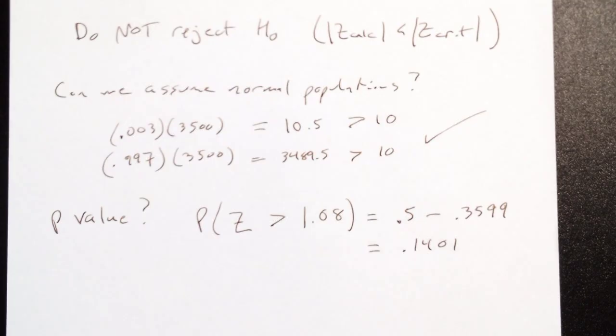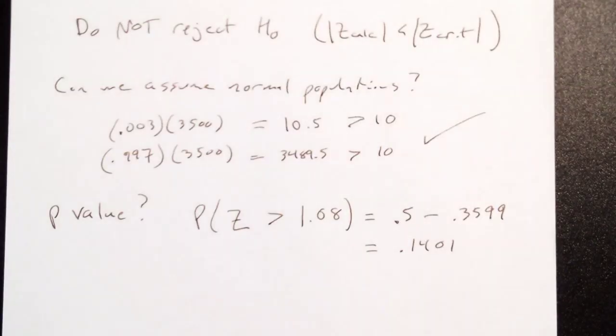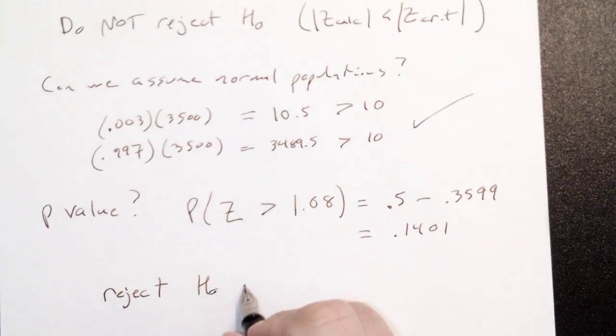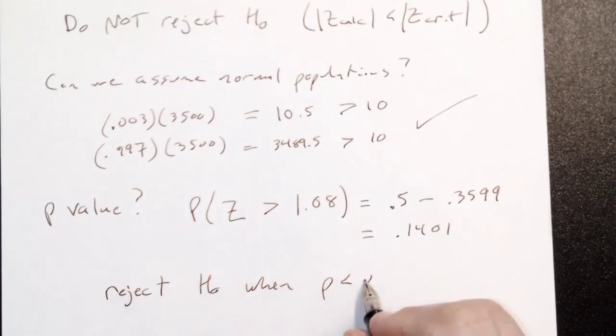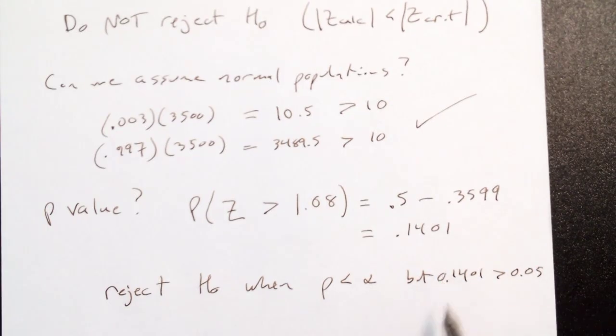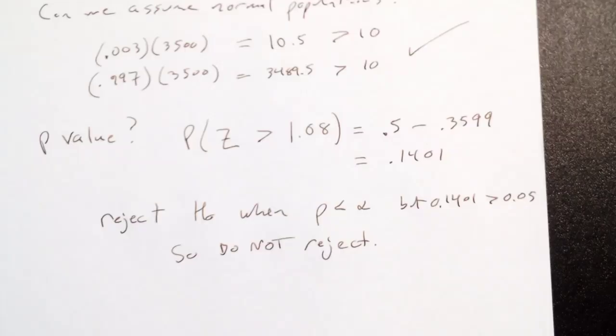So I got to go back and look at alpha. And according to my notes and to the statement of this problem, our alpha was 0.05. This number is bigger than 0.05. I don't reject. Exactly correct. I'm very happy to see that because it means these two results tell me the same thing. I'd like to get confirmation more than one way that I made the right decision.